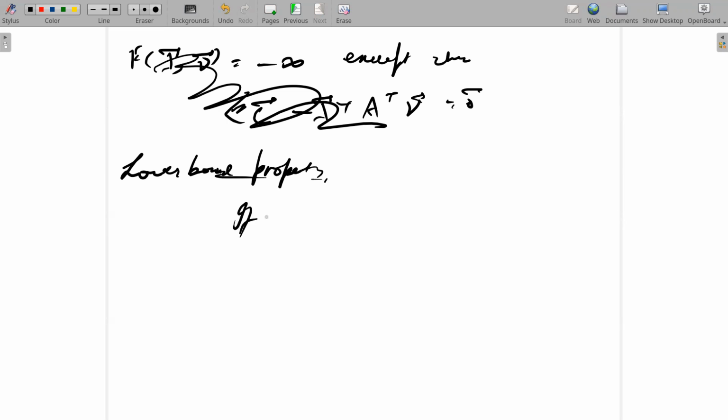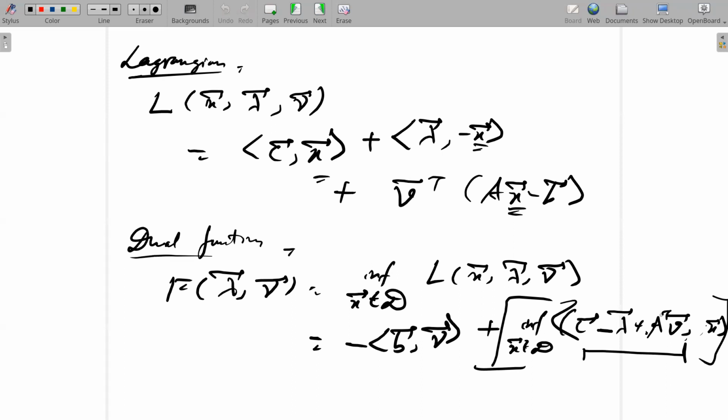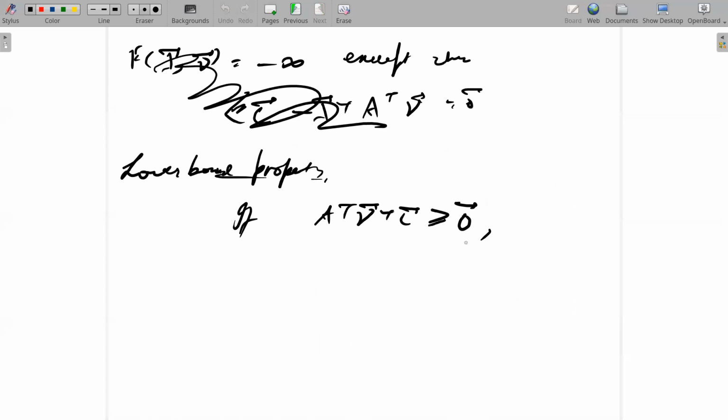Now, if A transpose nu plus C is bigger than or equal to 0, then I have a minus lambda, and lambda is assumed to be... okay.